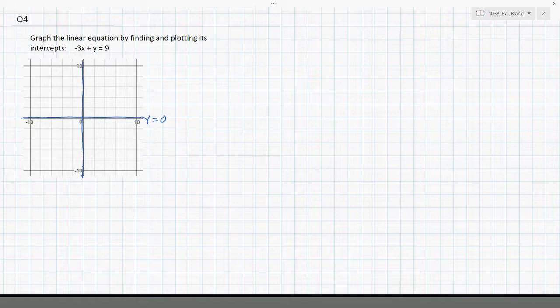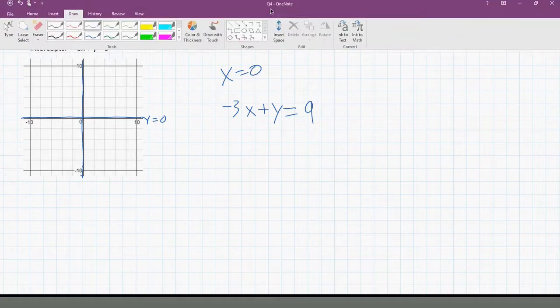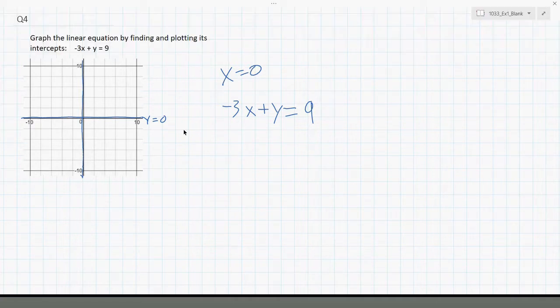So what we'd be doing for this one is say I want to find the y-intercept first. That means that x must equal 0. So in this equation, negative 3x plus y equals 9, I'll insert a 0 for x, and then negative 3 times 0 cancels out, and you just have y equals 9.